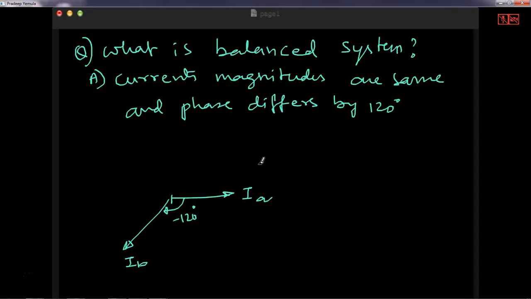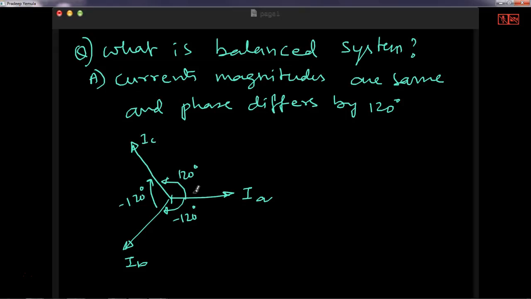Because the anti-clockwise direction is considered the positive direction. Now 120 degrees behind that, you will get another, IC. So this angle is again 120 degrees and this angle is again 120 degrees.